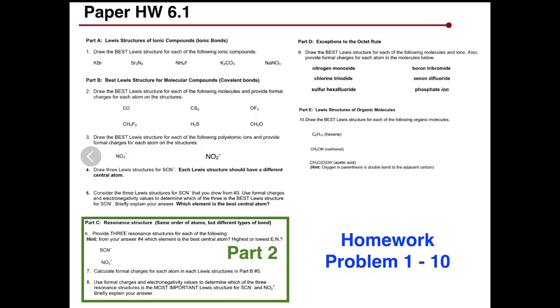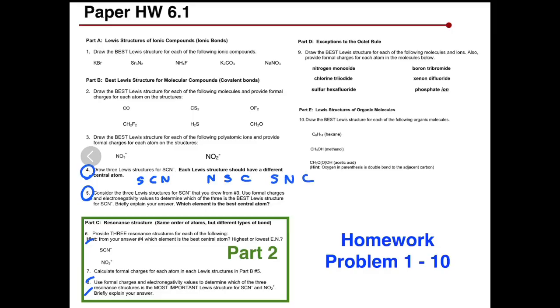And as I mentioned earlier, the difference between 6 and 7 would be 4 and 5 asking. So 4 is actually asking for you to draw the structure with different central atoms. In this case, number 4 for SCN, it would be SCN, or NSC, or SNC.